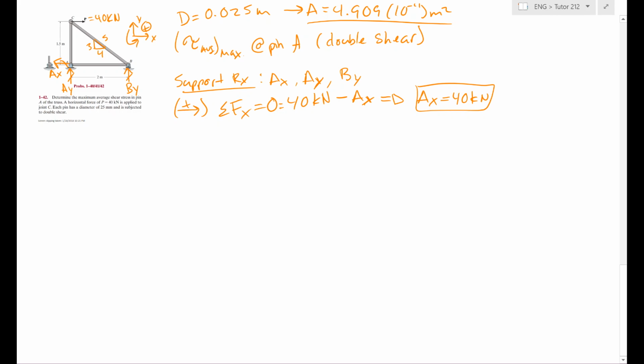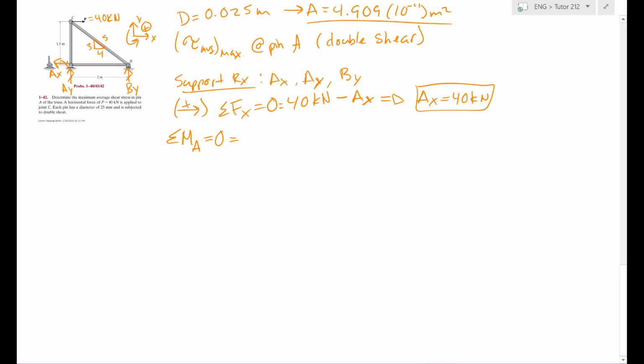All right. So if we go straight to summing up the forces in the y direction, we'll have 2 unknowns. So let's sum the moments about A. And then we can just have 1 unknown in this equation, which is much nicer.